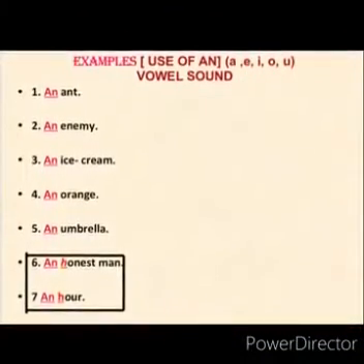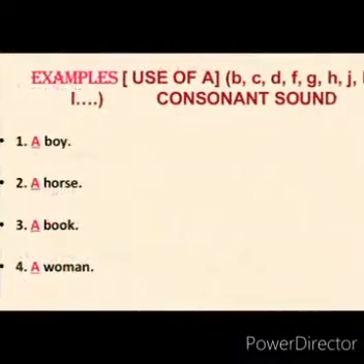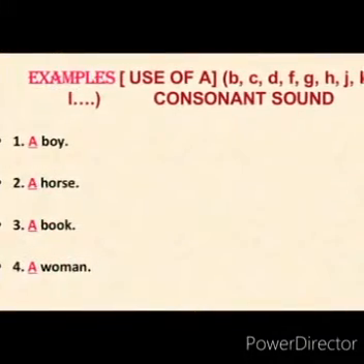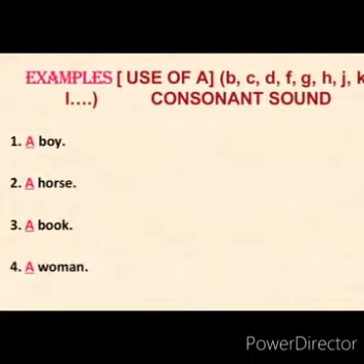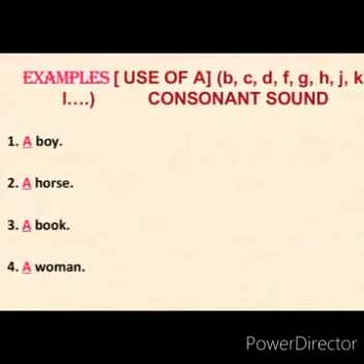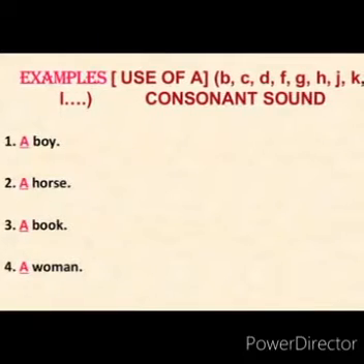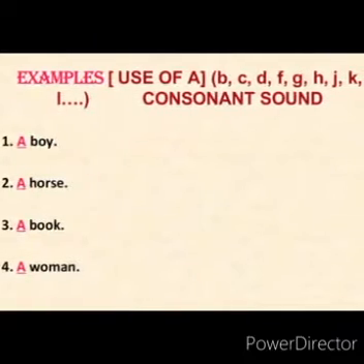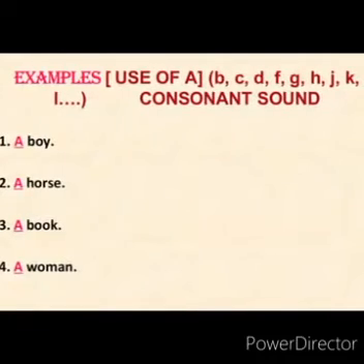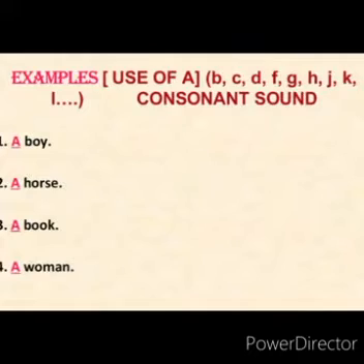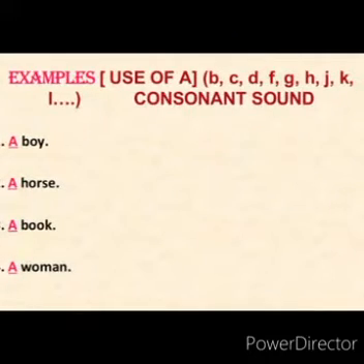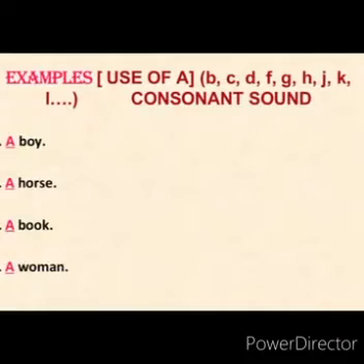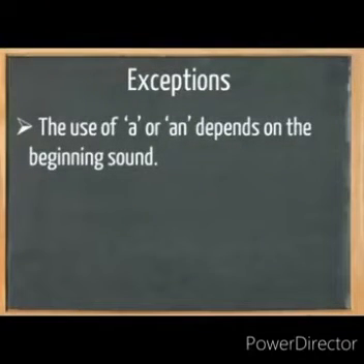Next, let's see the examples where we use article a before a word. For example, a boy, a horse, a book, a woman. These all words start with a consonant sound. So that is why we have used article a. Now let's look into the words that start with a vowel letter, but the starting sound is of consonant.